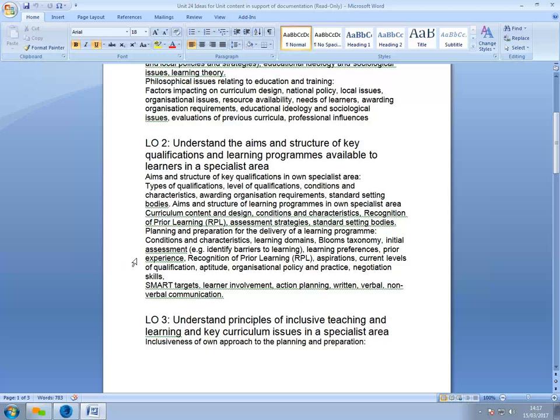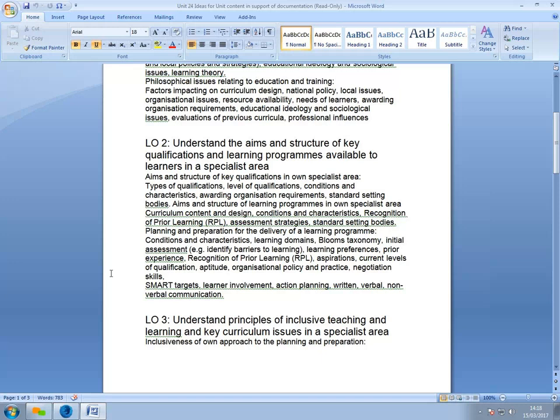Planning and preparation for the learning programme, conditions and characteristics, learning domains, Bloom's taxonomy, initial assessment, which again you did in Unit 1. Identify barriers to learning, you will have done that again. Learning preferences, learning styles, if you like, we used to call it. They're now preferences. It's audio, visual, kinesthetic, that sort of thing.